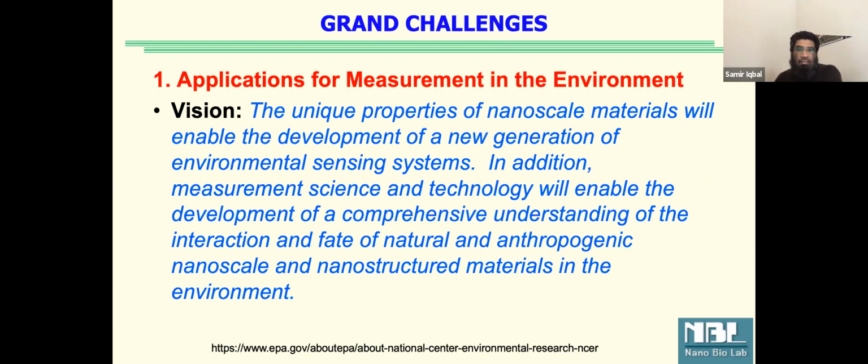We still don't have a comprehensive understanding of the fate of those things that can impact our well-being. So why? Because the things we are exposed to are too small, narrow scale, or the changes are so minute that we cannot detect them with the sensors we have today. So we need to make sensors small enough that can measure small changes.